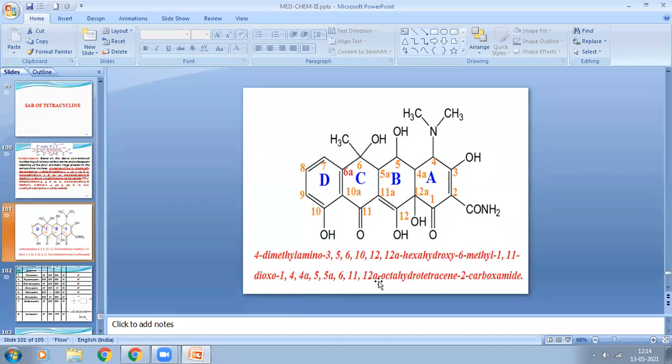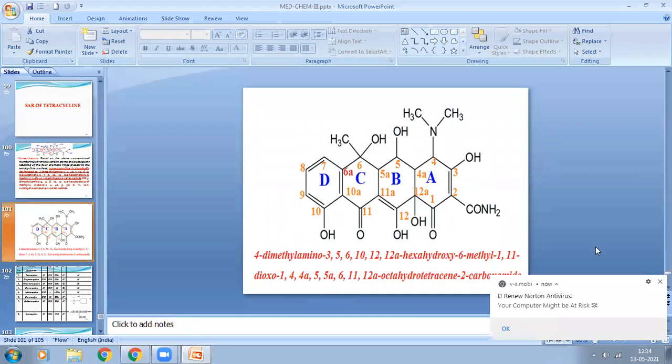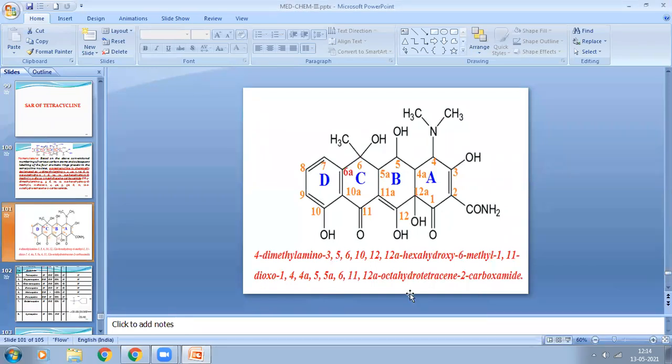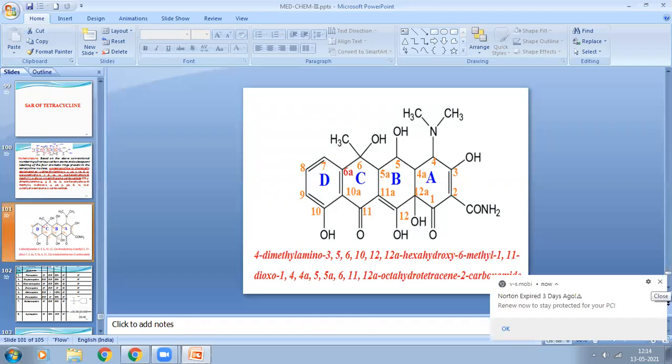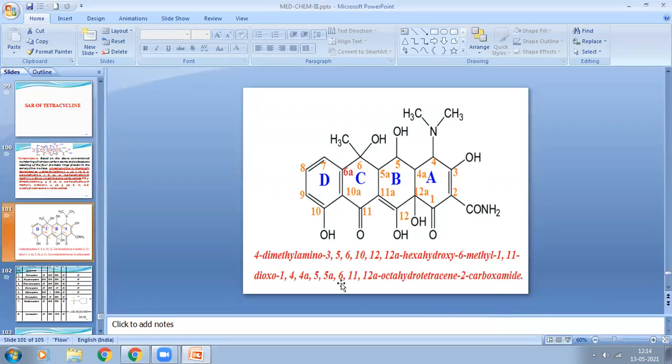Next, in these positions there will be octahydro. See here, octahydro. Basically, hydro means hydrogen. If you do not put this ketone group, we can assume that hydrogen will be there.